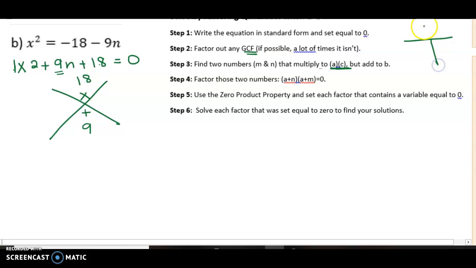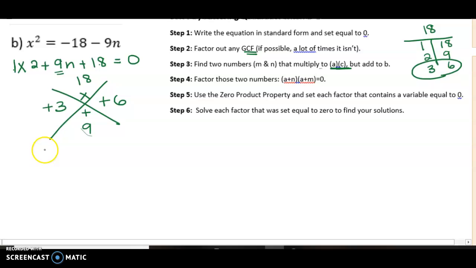If I factor 18, 1 and 18, 2 and 9, 3 and 6, and that's it. Well, both of these have to be positive. So which numbers add to a positive 9 right here? My m and my n are plus 3 and plus 6, or just 3 and 6.